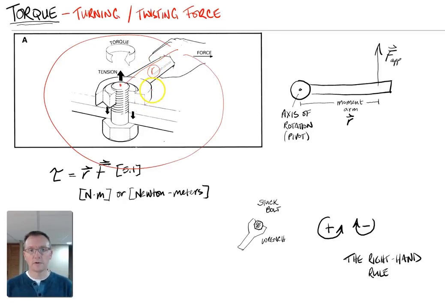Some people still use distance just to prove to you that they can, or just because it's easy or convenient. I use radius because if allowed to, the object would move in a circular path. So it's important for you to remember that it's the radius of the circular path that it would take. Anyway, I'm going to go ahead and erase that so that doesn't get in our way later on here.